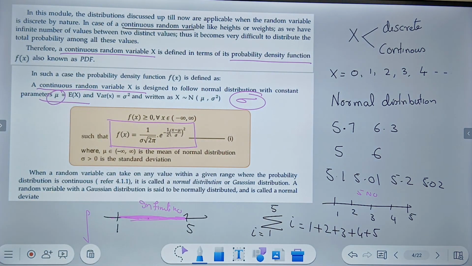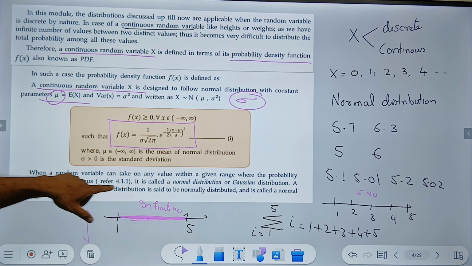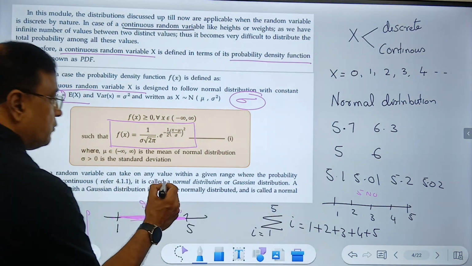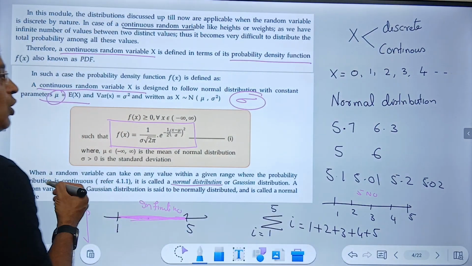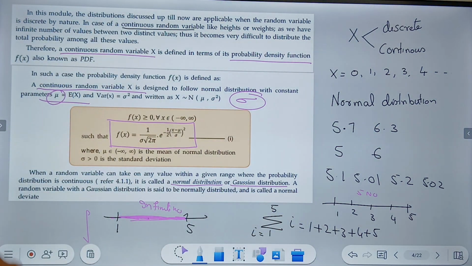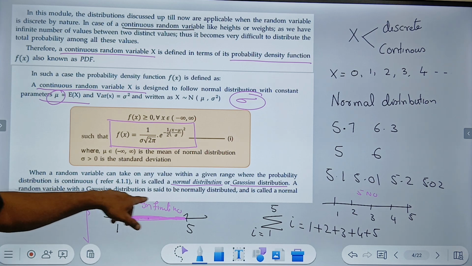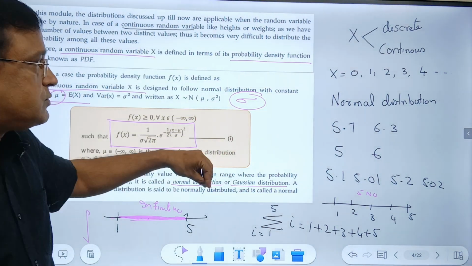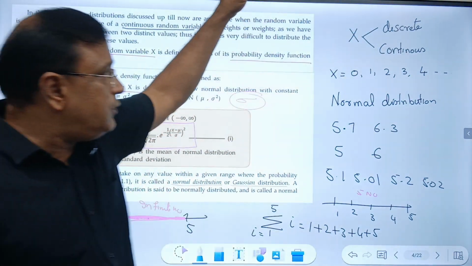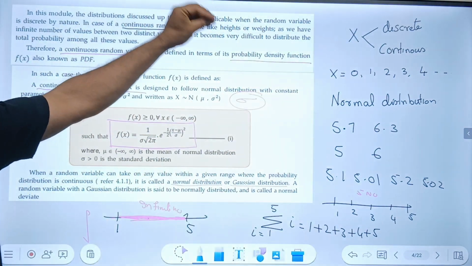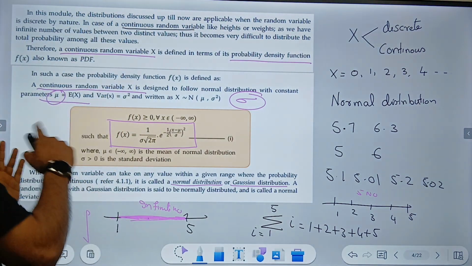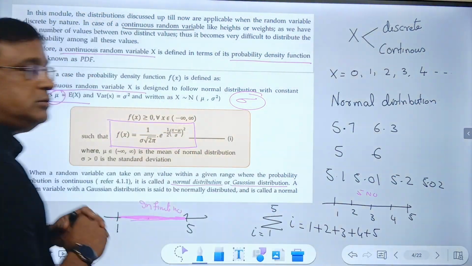Now, look at this very carefully. This is another very important thing. It is also called normal distribution, or you can even call it Gaussian distribution. It's another name given to it. First of all, the random variable x must be continuous. If it is continuous, then the probability distribution can be categorized as normal distribution, otherwise called Gaussian distribution.